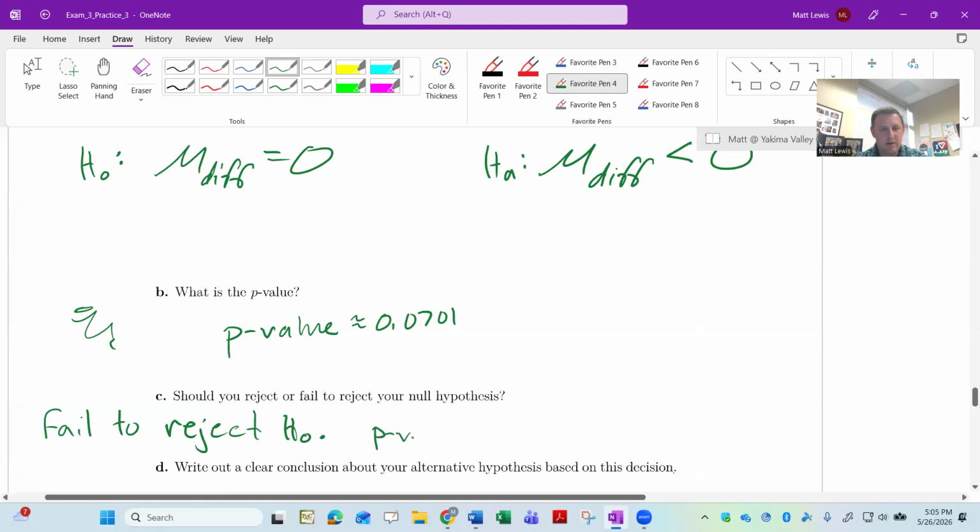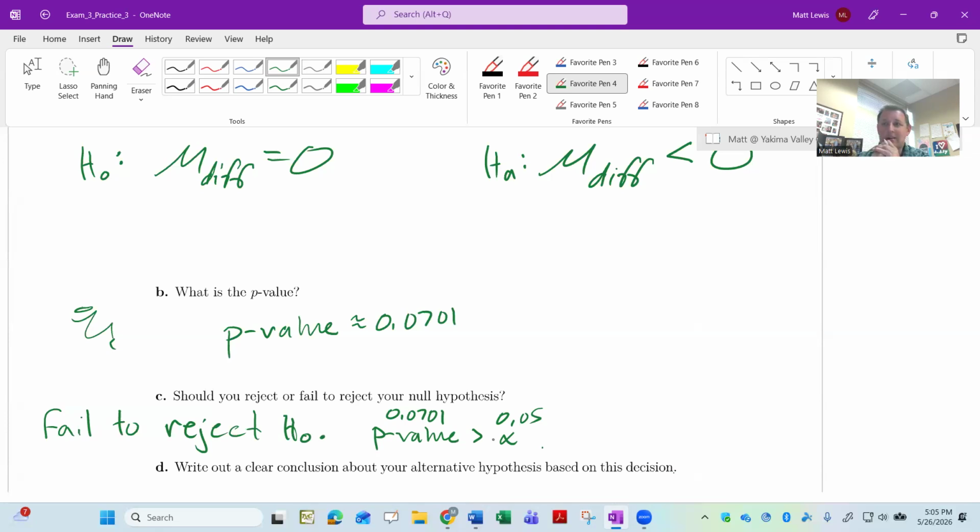The p-value of 0.0701 is just a little bit bigger than our level of significance of 0.05. It's pretty close, but we're just saying that if the null were true, we'd expect samples like ours to pop up about 7% of the time anyway, and that's just not quite rare enough for me to throw away the idea that the null hypothesis is correct.